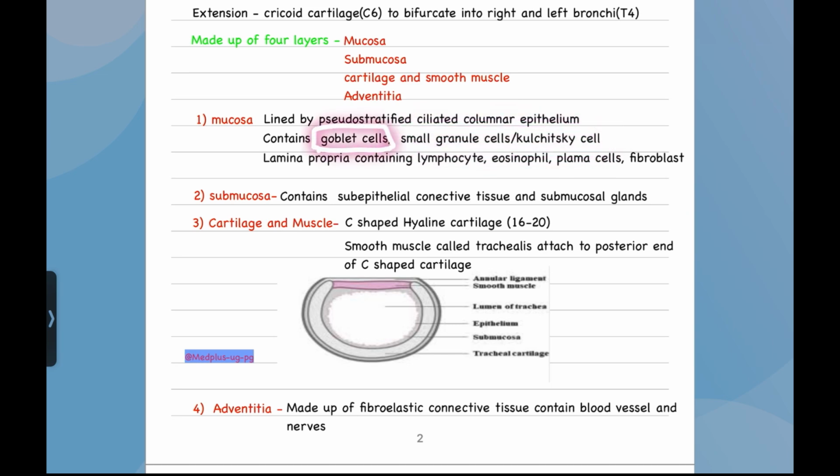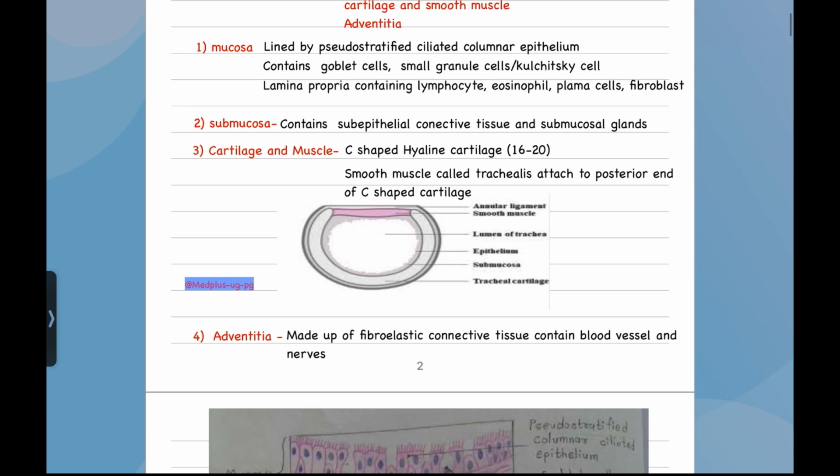Goblet cells produce mucus which traps dust particles. And the lamina propria contains lymphocytes, eosinophils, plasma cells, and fibroblasts. These cells provide immunity against foreign bodies, as our nasal cavity is directly exposed to the environment. So many foreign particles and microorganisms can enter the respiratory tract and cause infection.